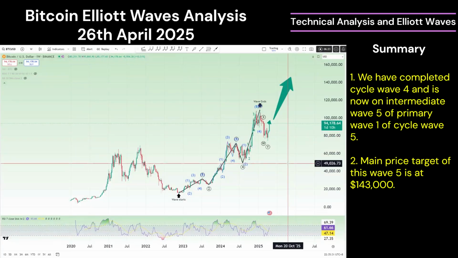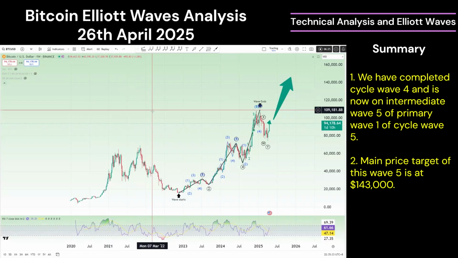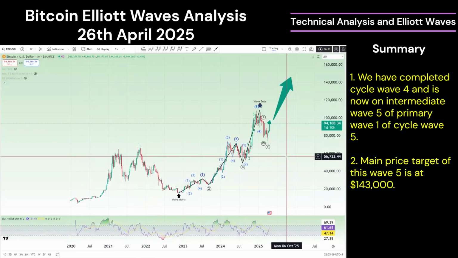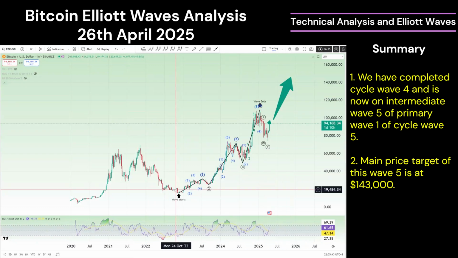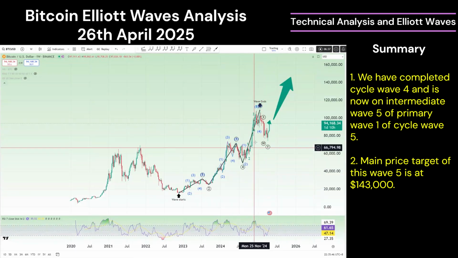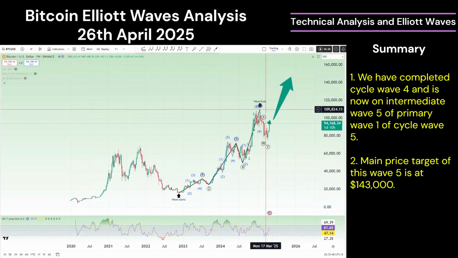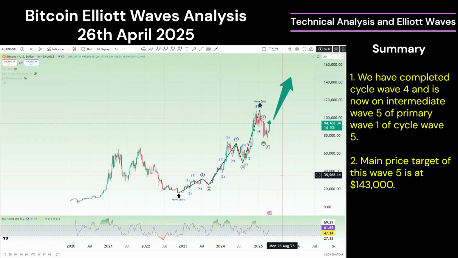Let's say that we have this around 69,000 as wave 1, and then this entire move here will definitely be more than 69,000. So let's assume wave 3 has extended.